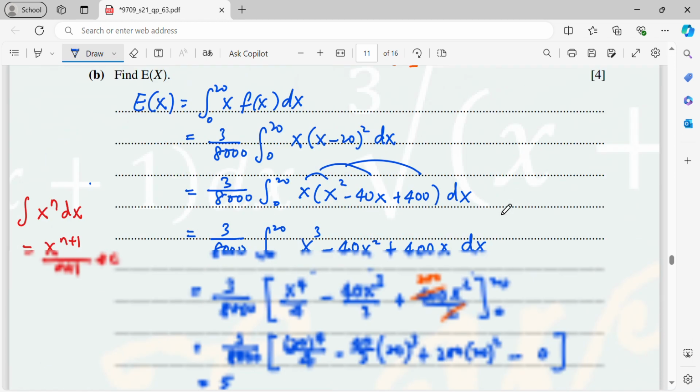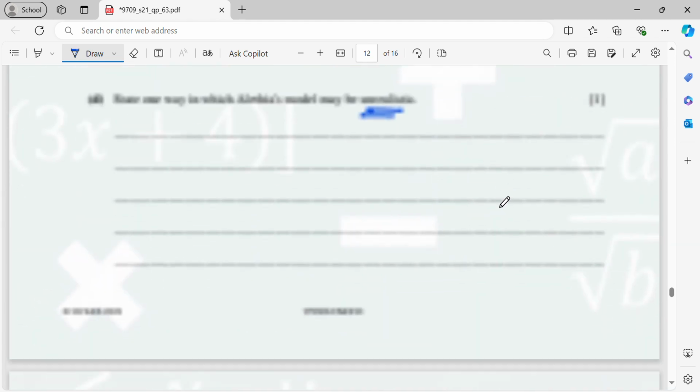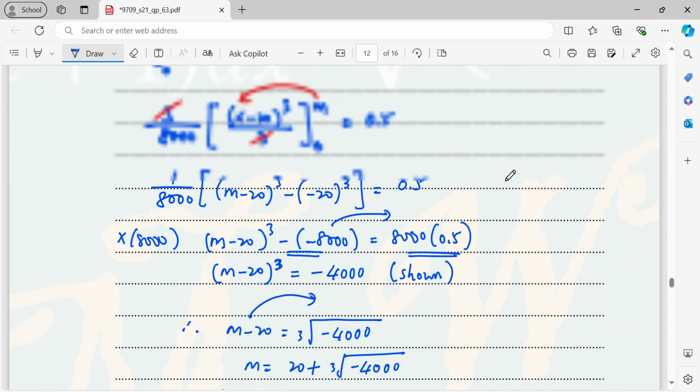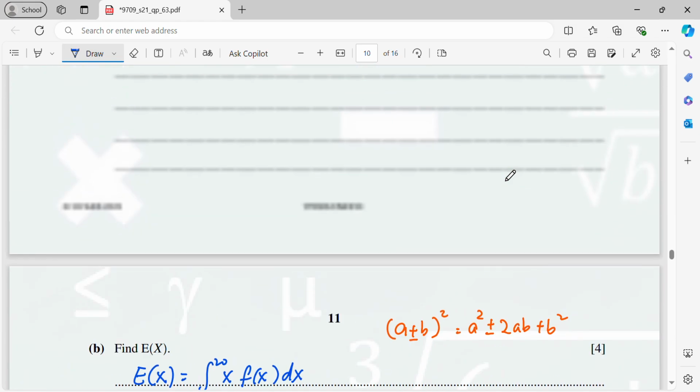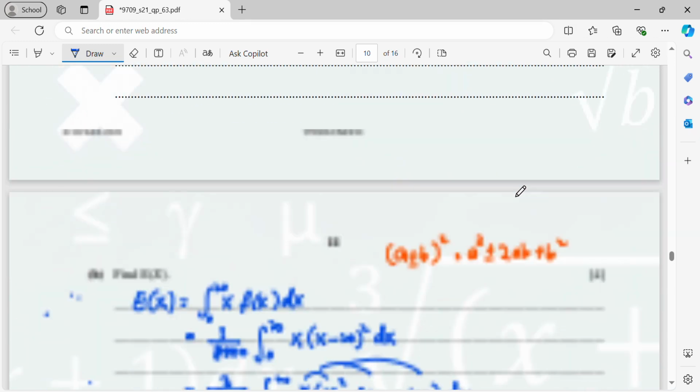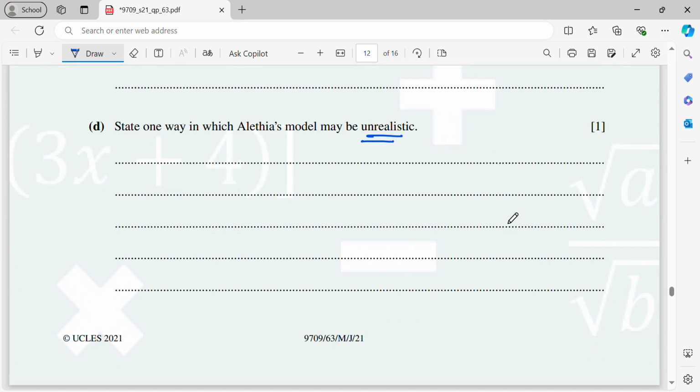So that means if unrealistic means that it does not consider whether the train is being early, or the time for the train to be late is greater than 20 minutes, because she is just testing up to 20 minutes, right?